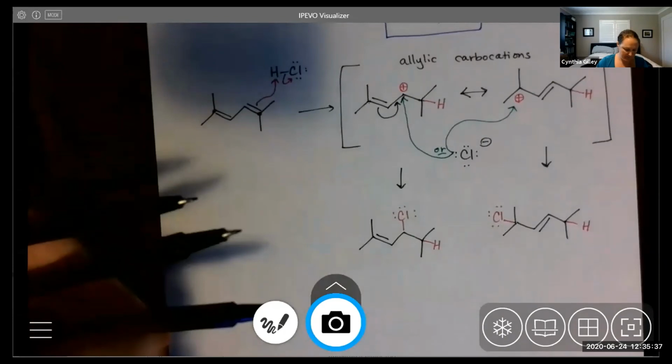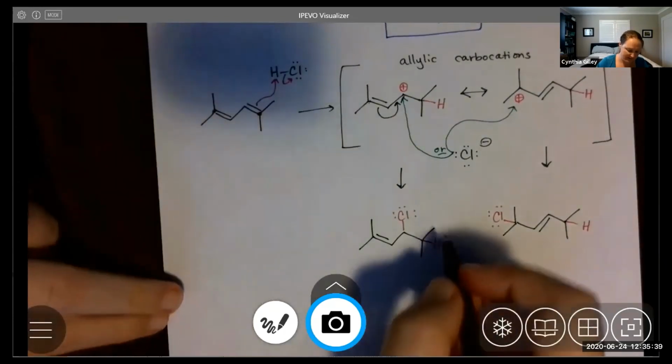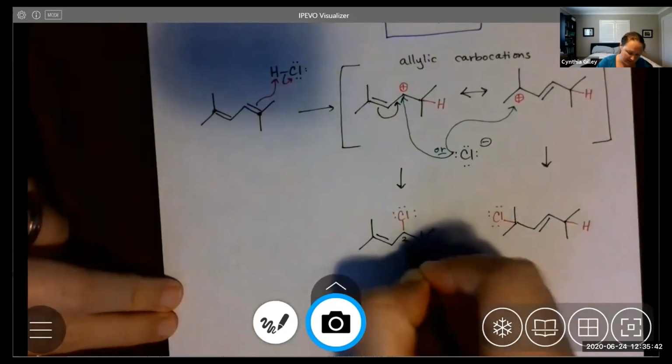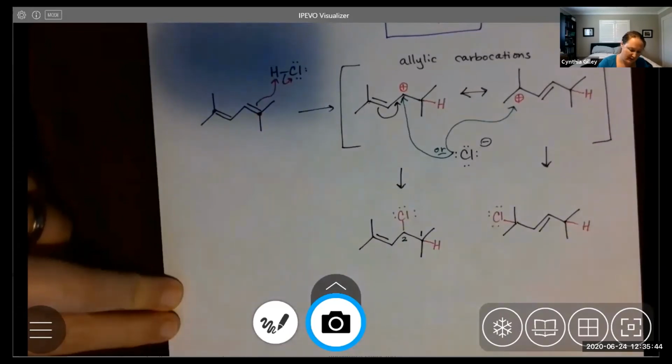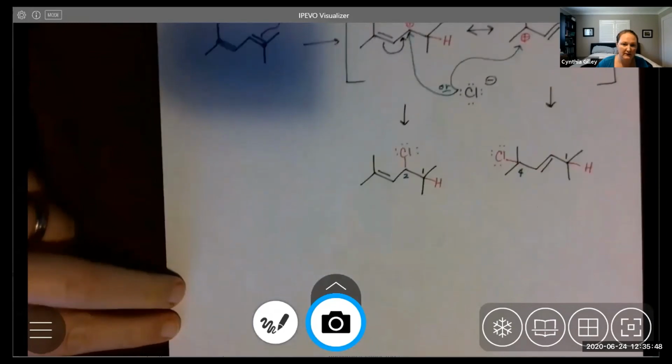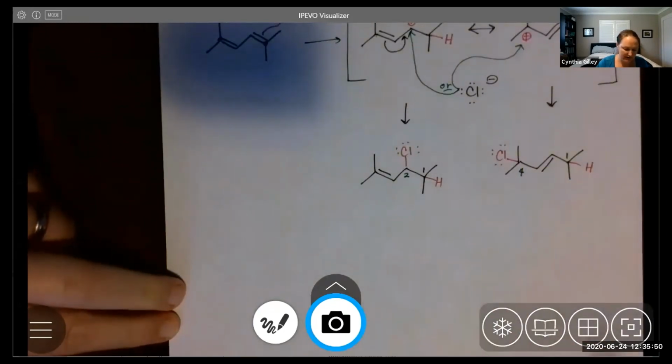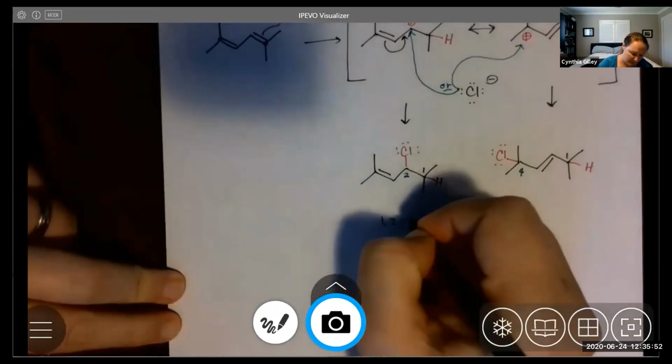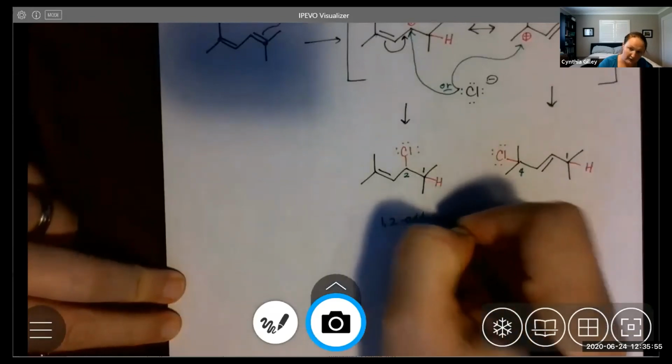it's the placement of these. I call this carbon number 1 and that's carbon number 2. I call this carbon number 1 and this is carbon number 4. Okay, so it's the placement of those that tells you if you're going to call it the 1,2 adduct or the 1,4 adduct.